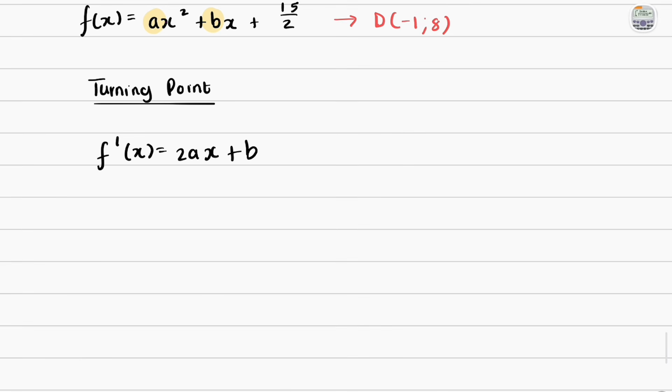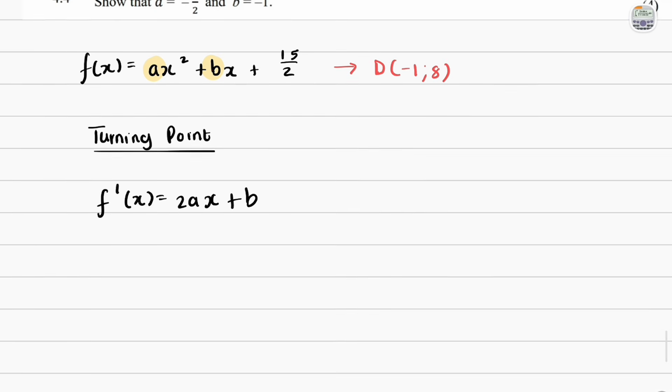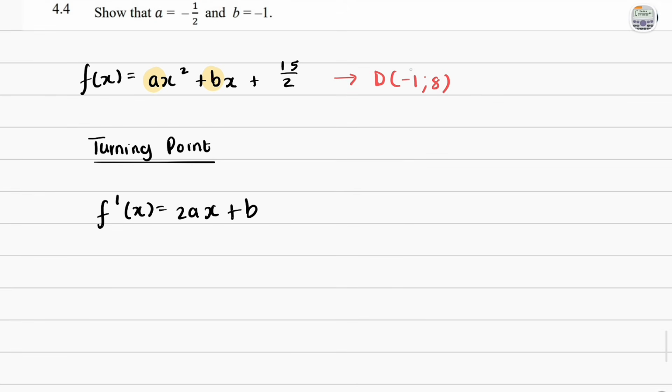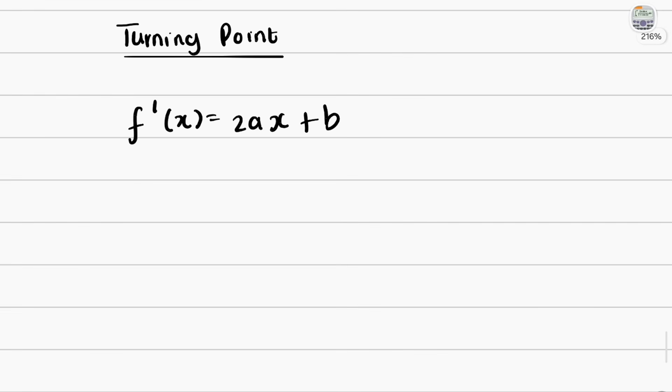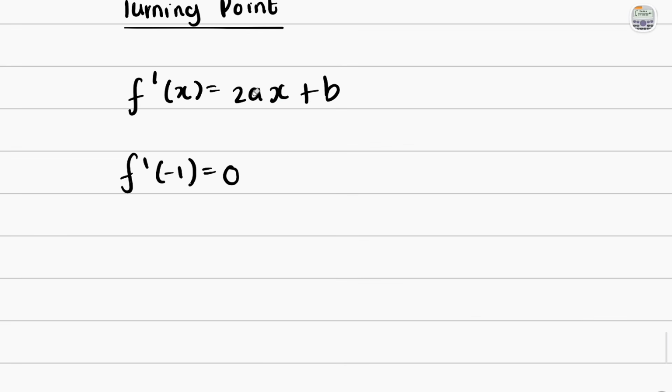Now, what we're saying here is, in this graph, the gradient is equal to 0. But specifically, it's the gradient at the point where x is equal to negative 1. That is the turning point. So we'll say, at f prime of negative 1, we know that the gradient is equal to 0. So in place of x, substitute negative 1, but in place of the gradient, substitute 0.